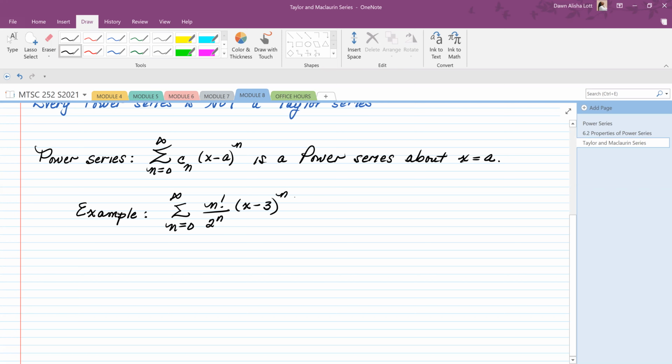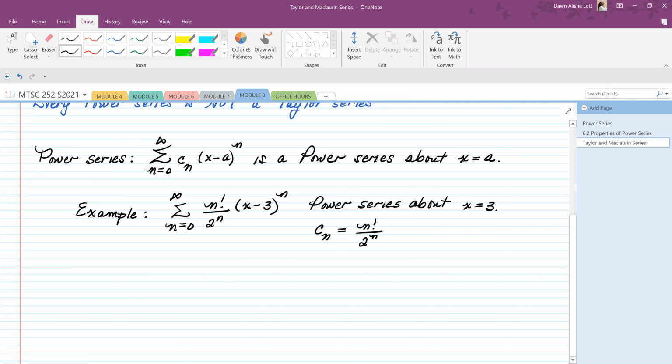That right there is a power series about x equals 3, and its c_n is n factorial over 2 to the n.